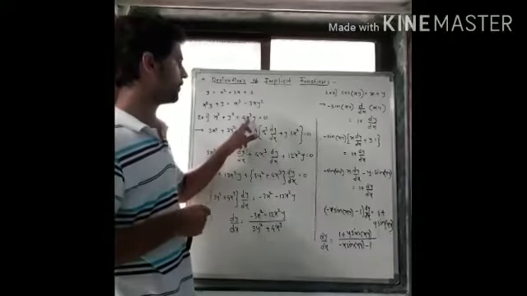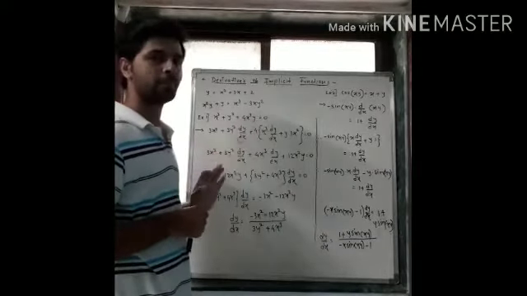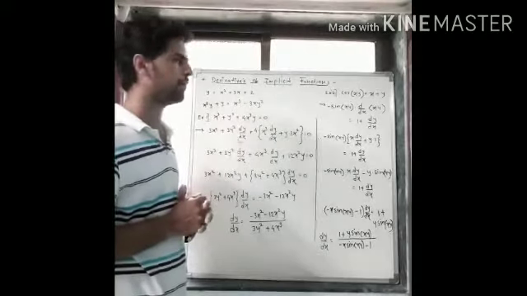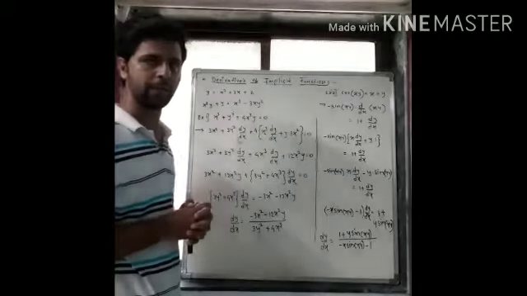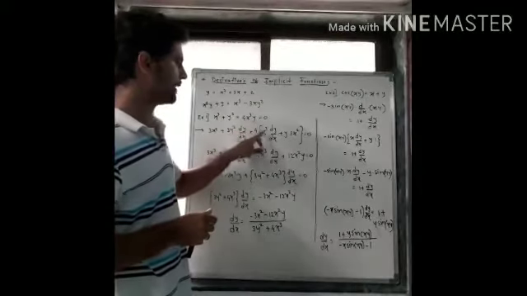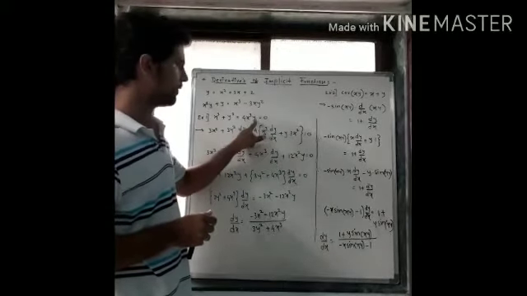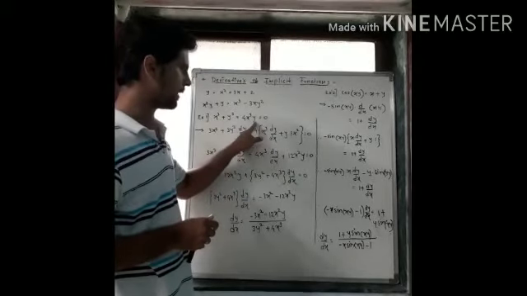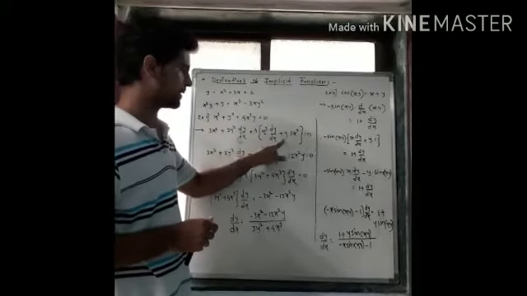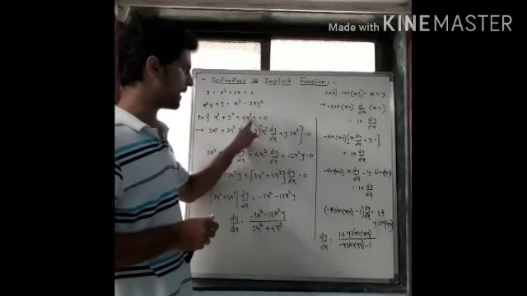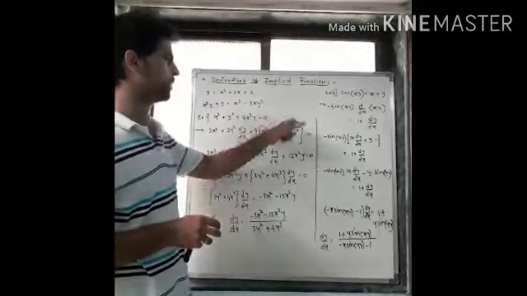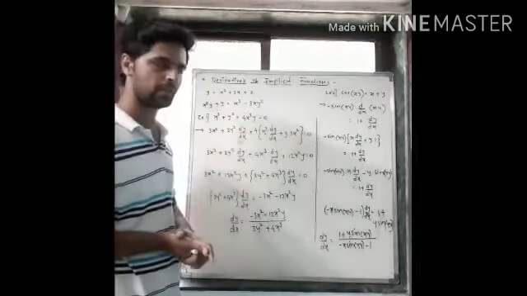Now we have to differentiate x cube and y, but x cube and y are in product form, so obviously we'll use the product rule of derivative here. Now x cube, that is first function as constant, derivative of y which is dy by dx. First function constant, derivative of second function, plus second function constant, derivative of x cube will be 3x square, and derivative of 0 on the right side, which is always 0.